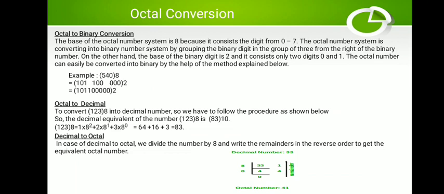The first remainder will be the LSB and the last remainder will be the MSB. So we represent it from bottom to top. Whatever equivalent octal number we get, we represent from bottom to top. The bottom will be the most significant digit and the top remainder will be the least significant digit.